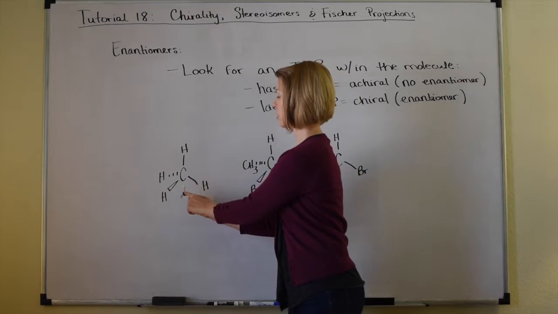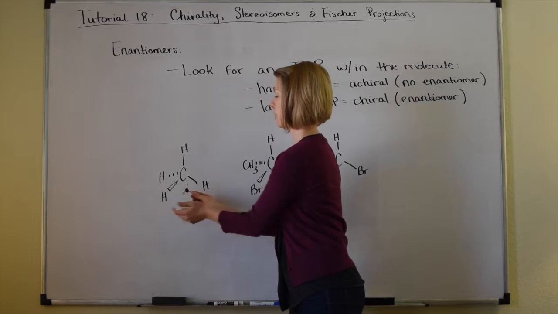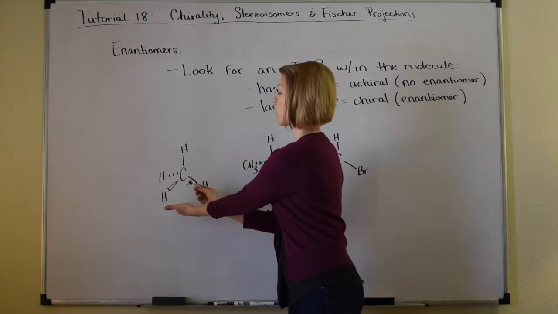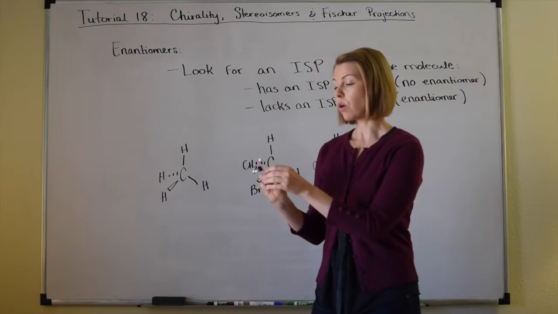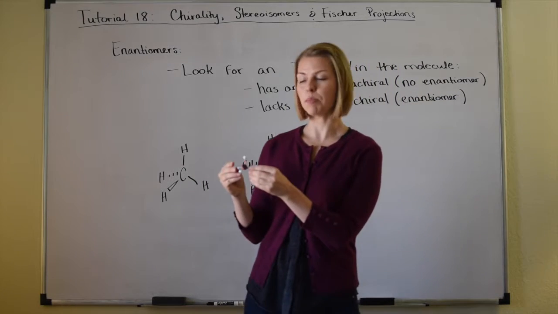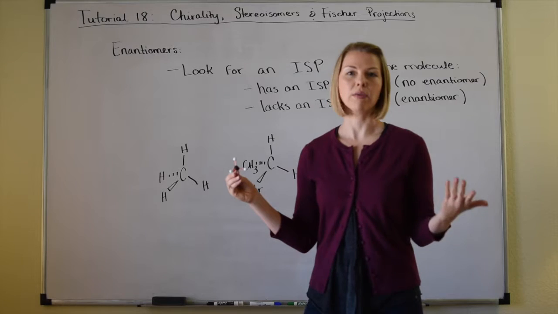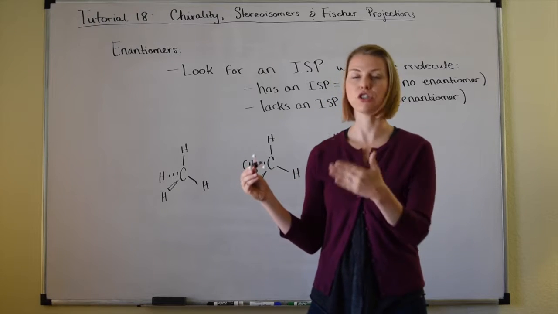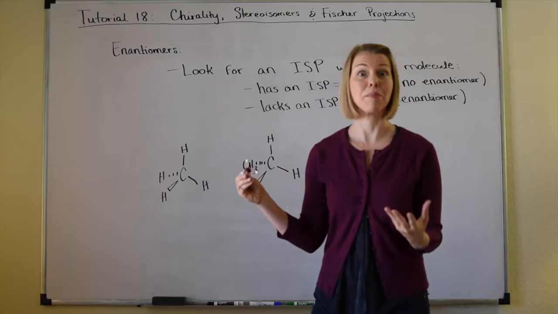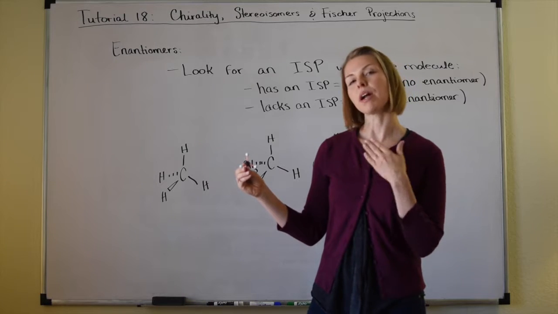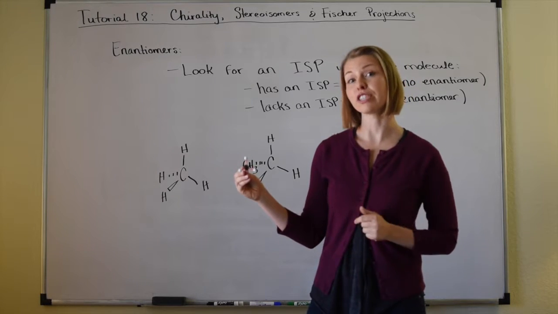So I've got my hydrogen, carbon, hydrogen, and then my other 2 hydrogens, one coming out at you and one going away from you. You can probably already see, because this is a simple molecule, that there is no chiral carbon here. This carbon is attached to 4 things that are the same. They're all hydrogen. But I really want to focus on the internal symmetry plane.